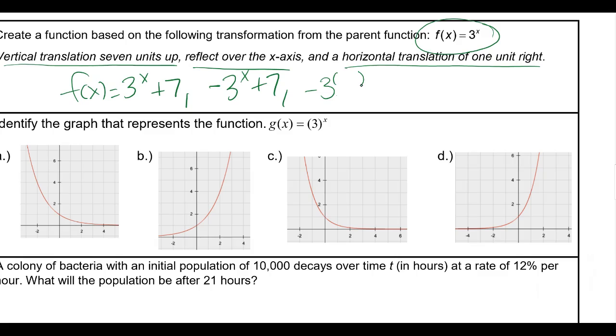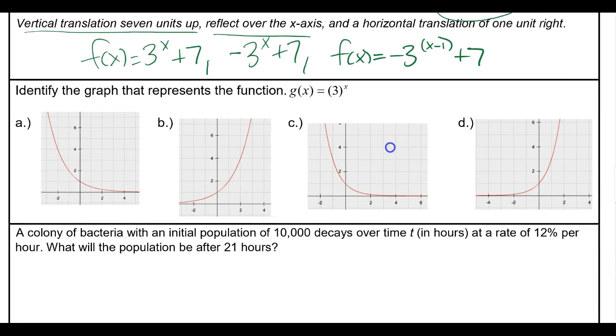So for the horizontal translation, now we're going to go 1 unit right. And remember, x is a liar, so we'll do x minus 1 and then plus 7. Okay, so f of x equals, actually let's rewrite this so that it looks a lot nicer. f of x equals -3 to the x minus 1 plus 7.